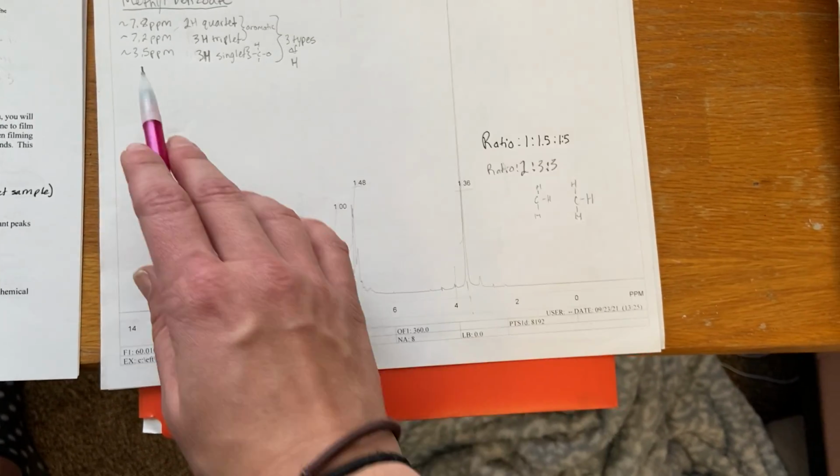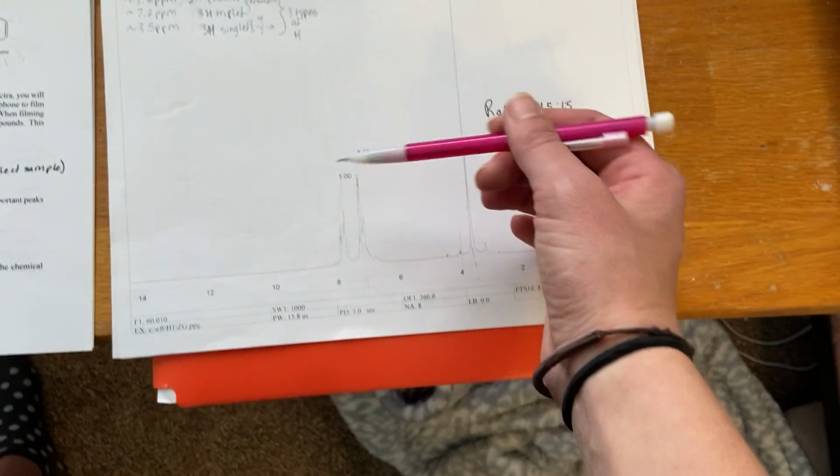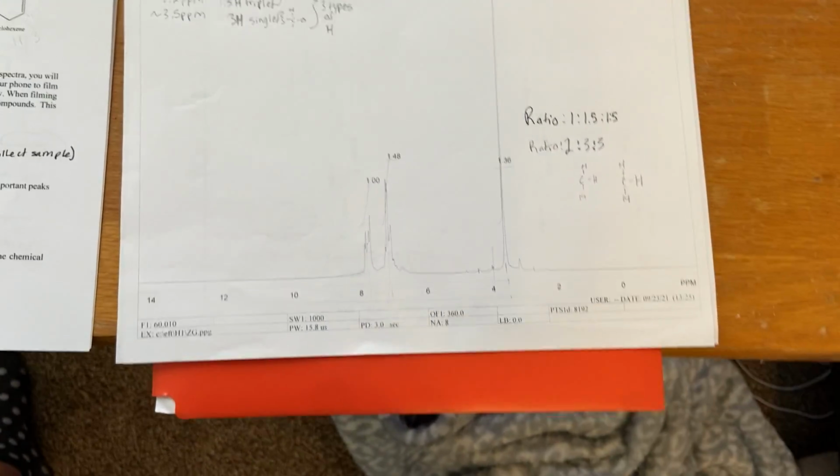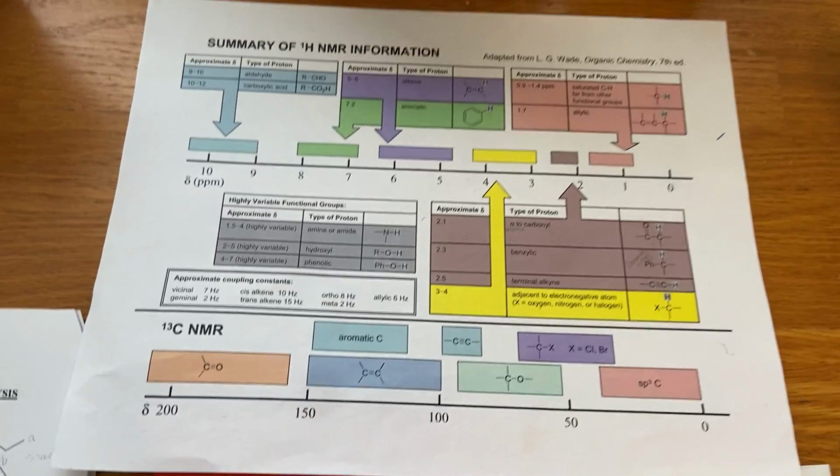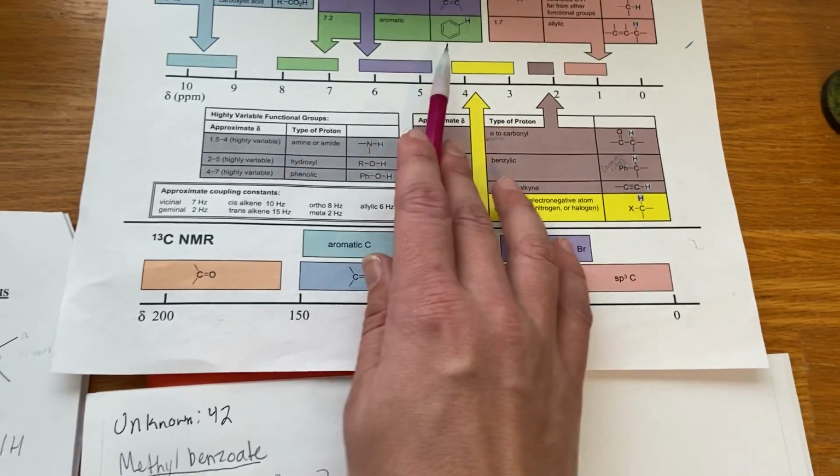And then we also see a peak around 7.2, which is a 3-hydrogen triplet. Looking at our spectroscopic sheet right here, we can see that around 7.2 to 7.8 means that this molecule has an aromatic ring.